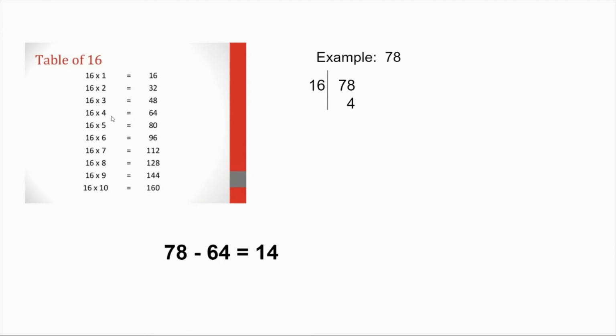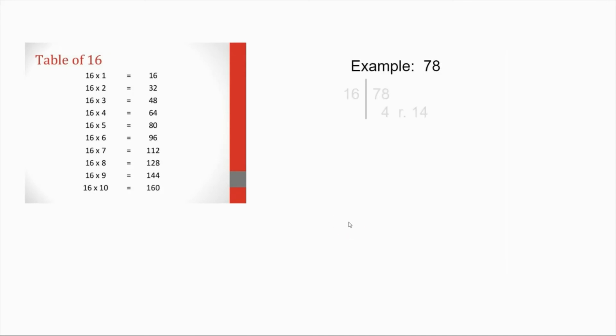It's from 16 times 4, and we write the 4 here. So with that, we can therefore write here that the answer will be 4, remainder 14. Now, 14 is less than 16, so therefore, we would stop from here.